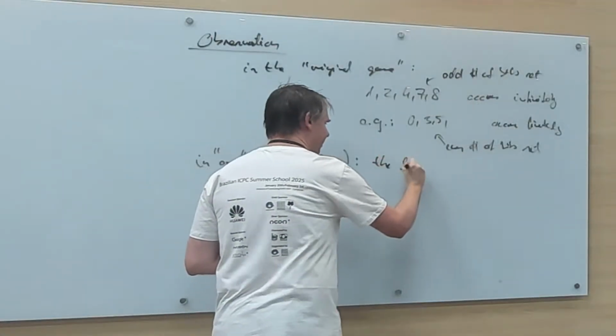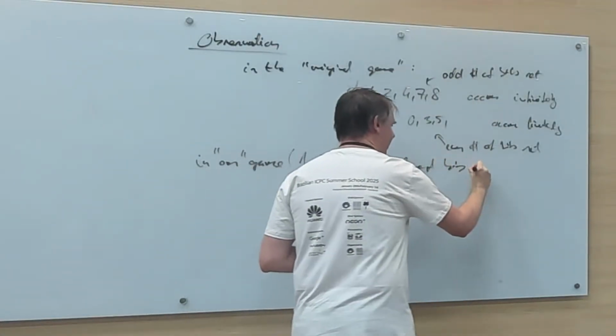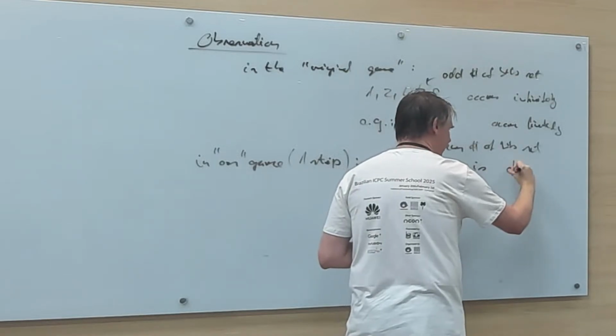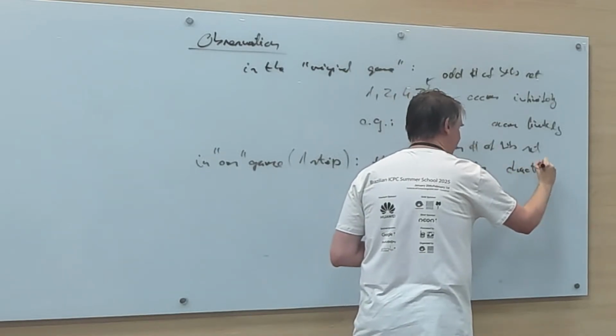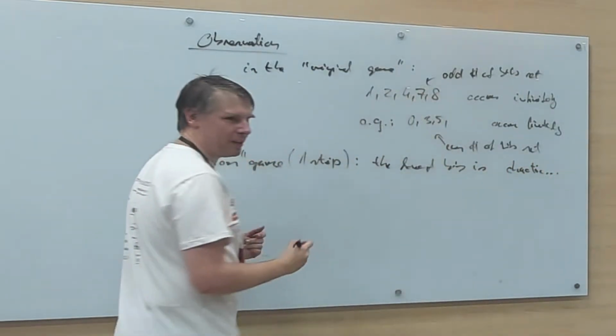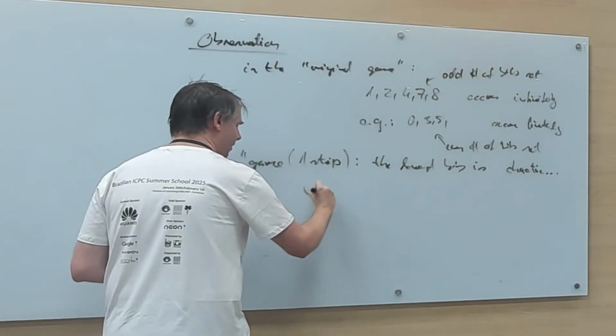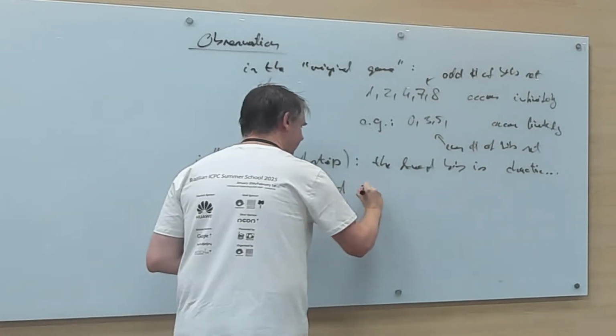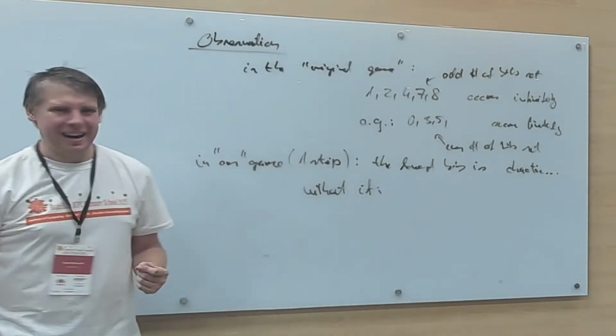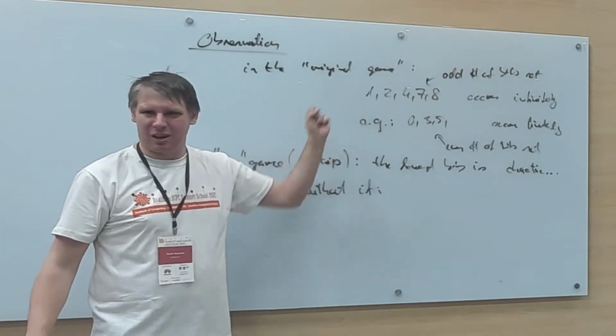So the lowest bit is chaotic or messed up. But if we don't look at the last bit, then it actually seems like we have a similar property.